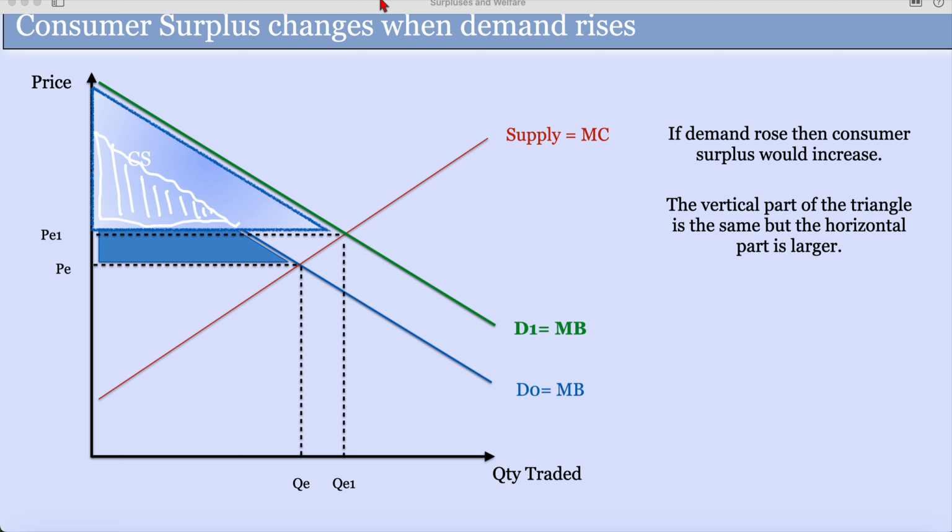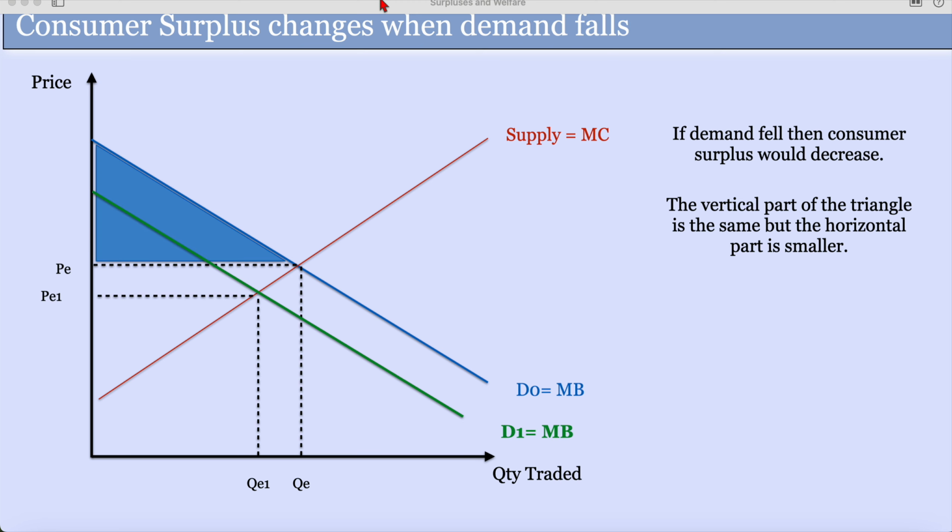Now therefore we have lost this area there, but we have gained that area there, and so again you can see that the gain area is bigger than the lost area, and so that will give you the idea that the consumer surplus has increased. Well, what happens if it moves down, if demand goes down?